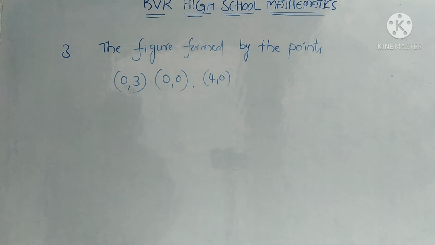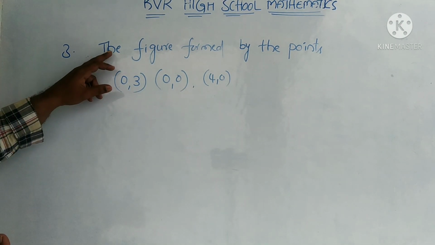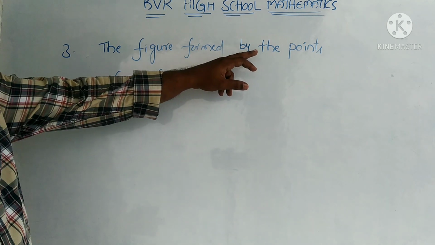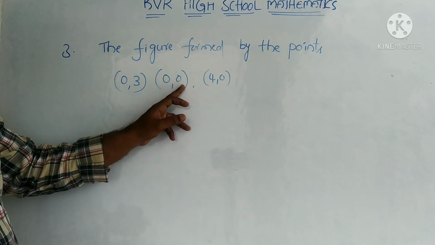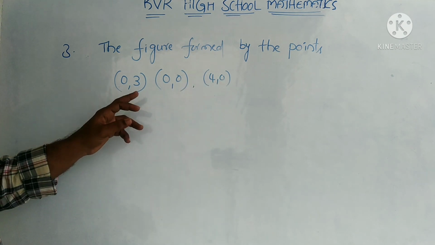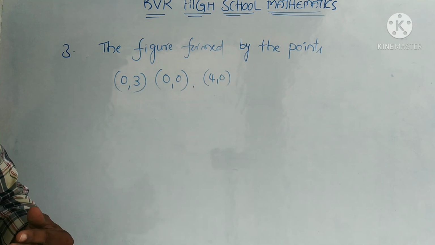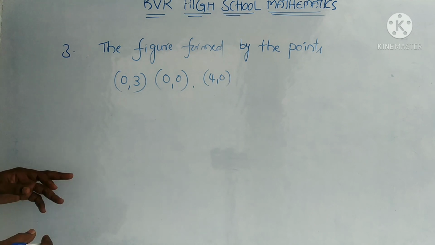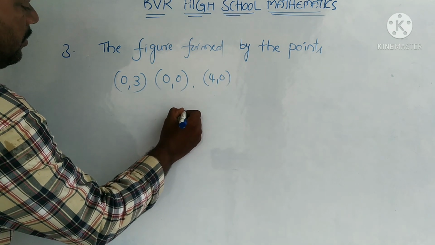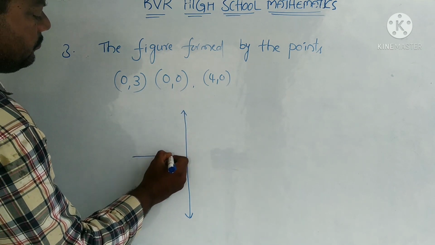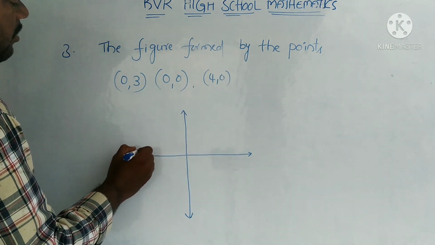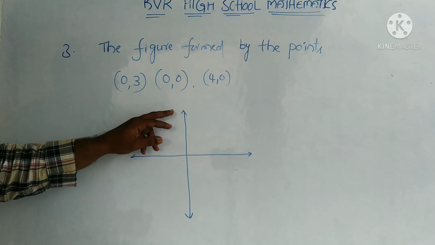Now the third question: the figure formed by the points (0, 3), (0, 0), (4, 0). We need to find out the figure formed by these 3 points. So draw the coordinate axis and plot the given 3 points.